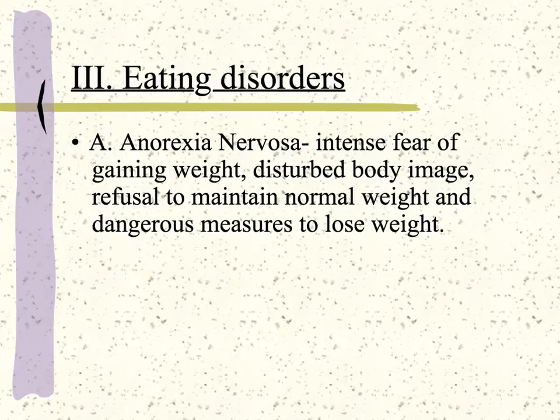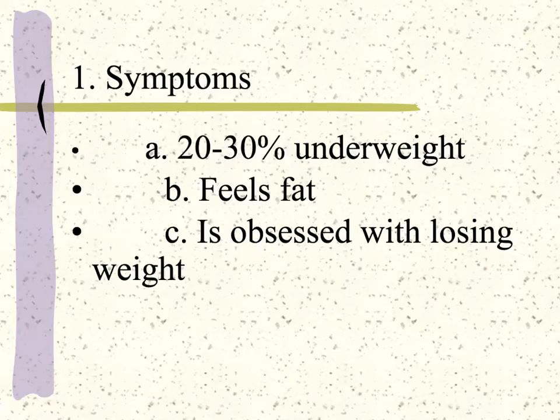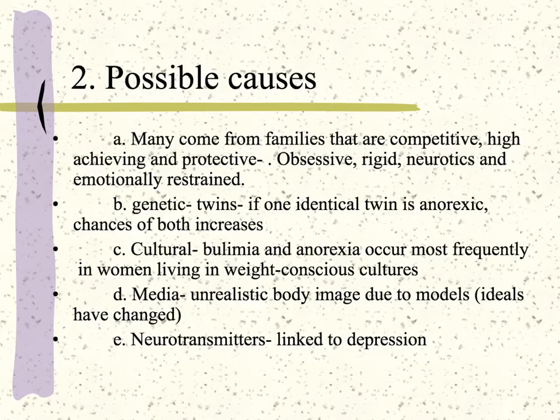People who suffer from anorexia will typically go long periods of time without eating, or they'll eat very, very little. Most people who have anorexia are 20 to 30% underweight, but despite that, they still feel fat, and they're obsessed with losing weight, despite the fact that they're already probably malnourished.